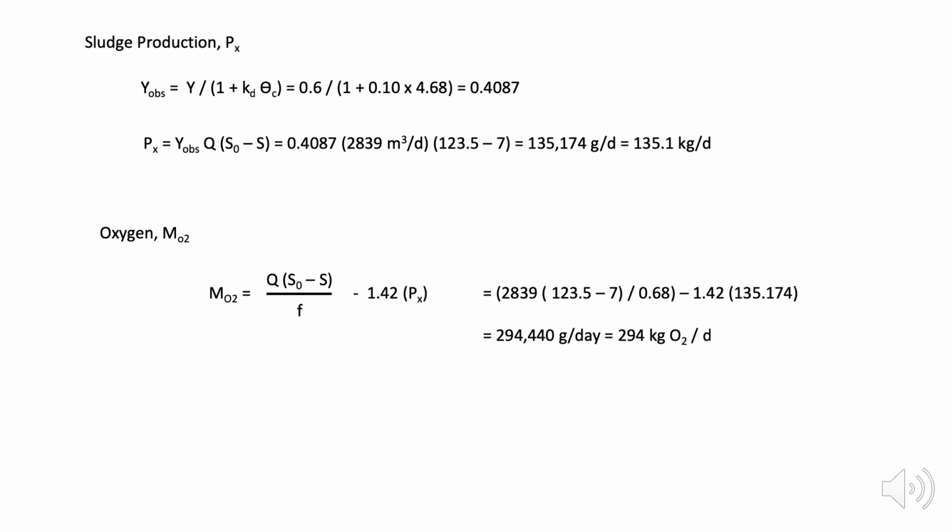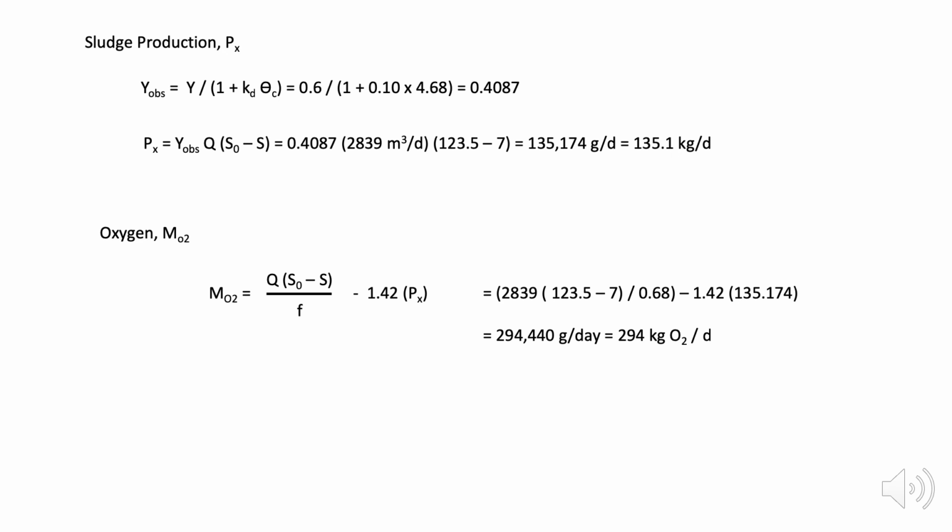Okay? So Q then is 2839, S0 is 123.5, S is 7, divided by 0.68, and then we're going to subtract off 1.42 times the quantity of cells that we waste every day, which we just found up above, P sub X, was 135.174. So solving that, we see we're going to require 294 kilograms of oxygen per day.